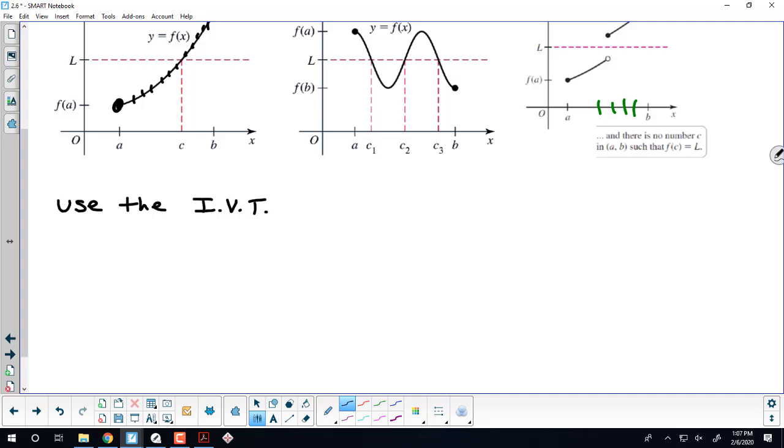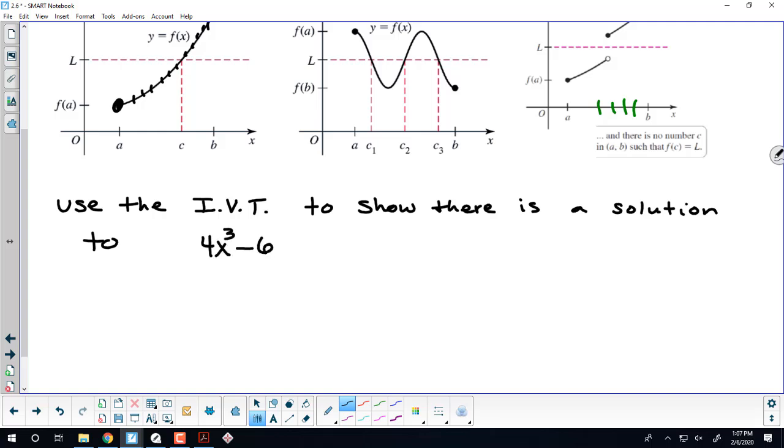Use the intermediate value theorem to show there is a solution to the equation 4x cubed minus 6x squared plus 3x minus 2 equals 0 on the interval, or between the closed interval from 1 to 2.